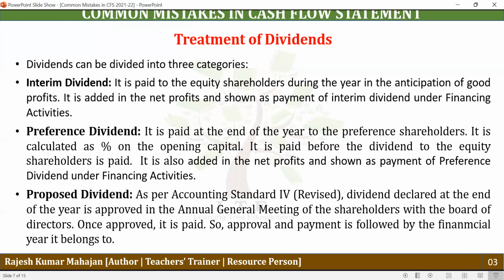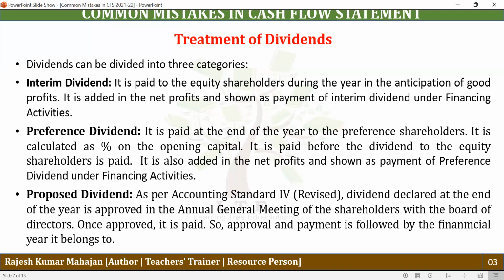Now the proposed dividend. The treatment of proposed dividend has changed due to the change in accounting standard 4. As per accounting standard 4 revised, whenever a dividend is declared at the end of the financial year, unless it is approved by the equity shareholders in the annual general meeting, this dividend cannot be paid.